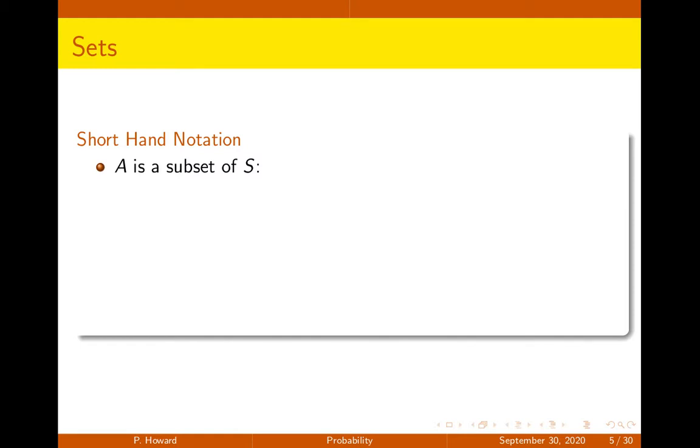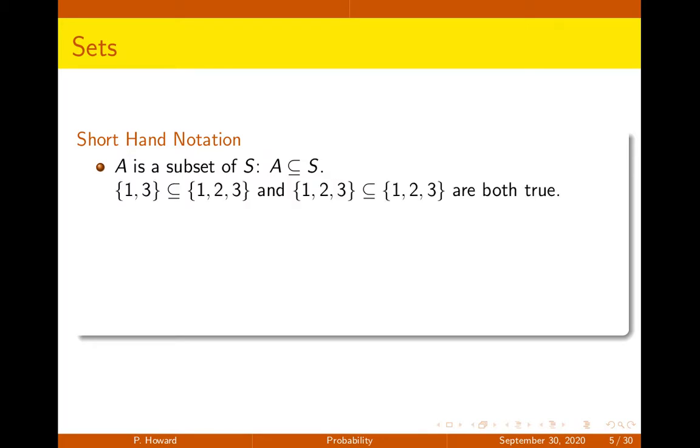There's shorthand notation for all of these concepts. A is a subset of S. The shorthand notation is this capital A, sideways U with a little horizontal bar underneath, S. So this is read A is a subset of S, just a shorthand for the longer English phrase.